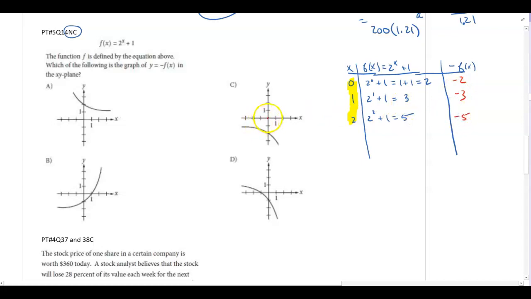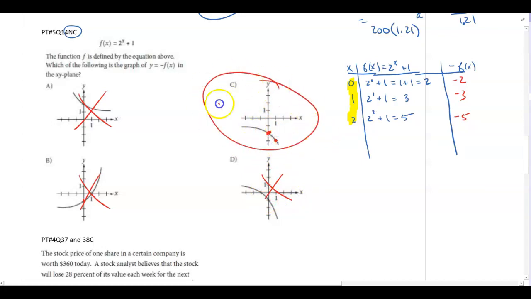So when I look at it, 0, negative 2, right? That is 0, 2. That can't work. That's 0, negative 1. That doesn't work. We have 0, negative 2, 1, negative 3. Therefore, letter C is your answer. You really could get away with just doing these 2 points, or even just the first one.